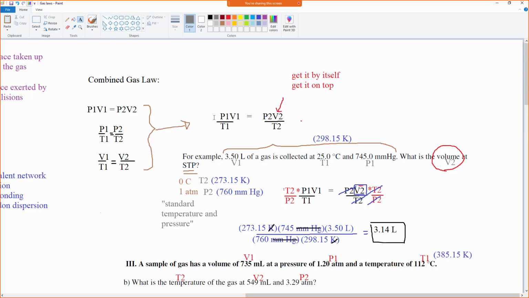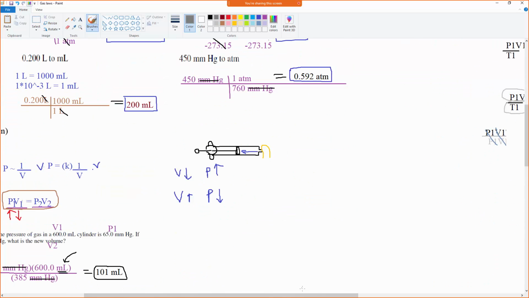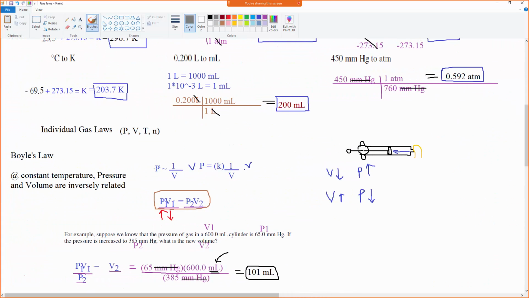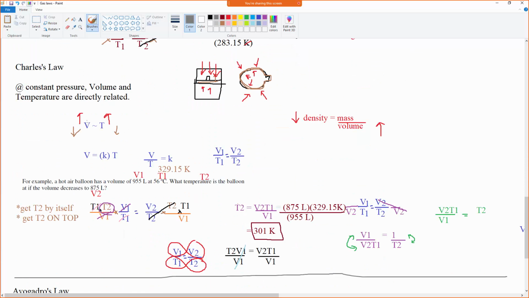Now remember, all of this comes from these relationships that we looked at, where we said this was proportional to that, and this was proportional to that. So for instance, we said we got to this by saying that the pressure was inversely proportional to the volume, or the pressure was directly proportional to the temperature, or the volume was directly proportional to the temperature.